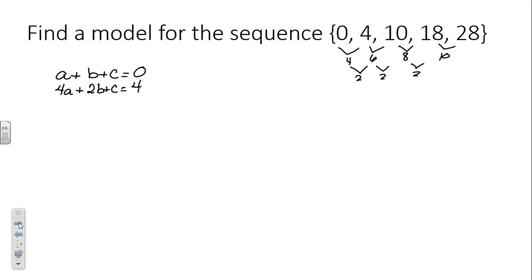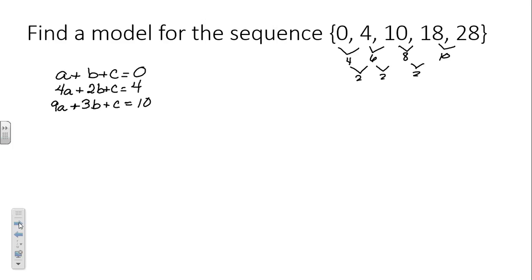And now n is 3, so 3 squared times a, 3 times b, c, 10. 3 equations, 3 unknowns. We can stop there. We don't have to make any more.